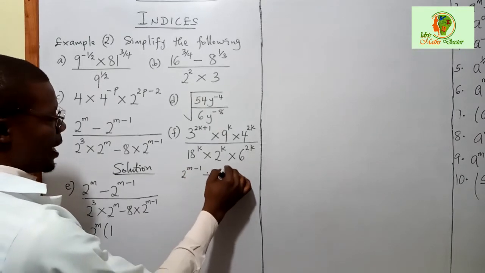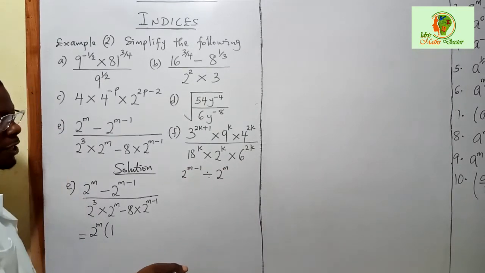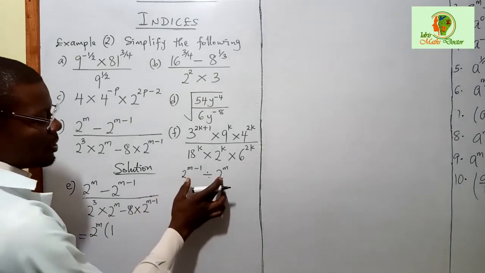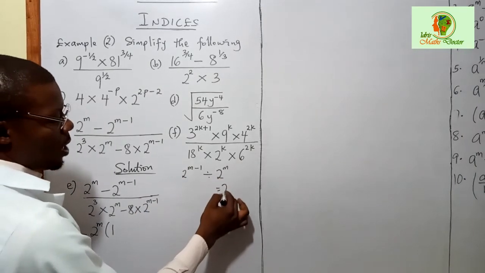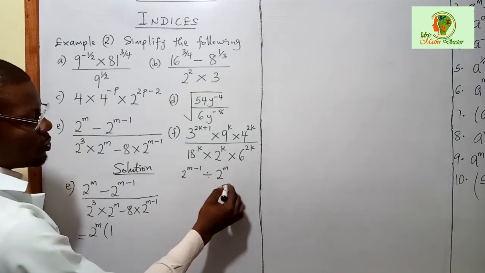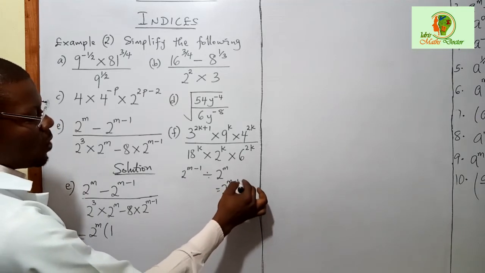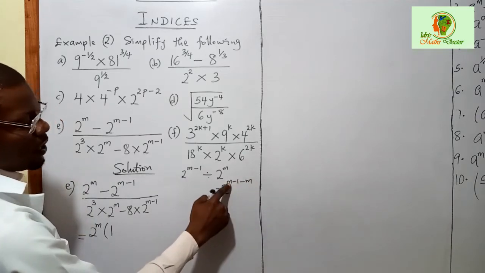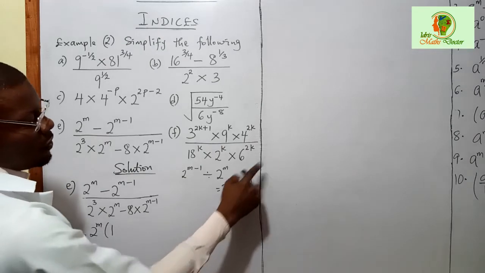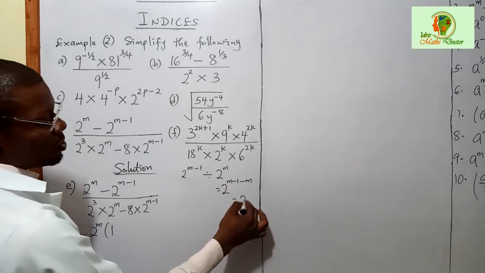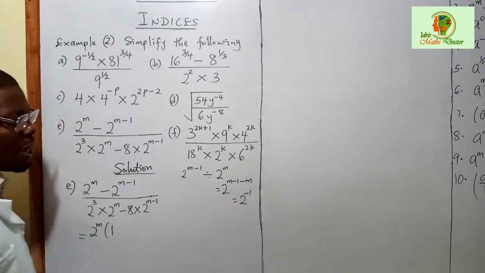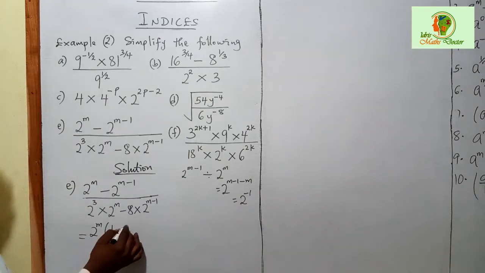If you apply law number 2 of indices, the base are the same, you will pick 1. And what do you do to the powers? You minus, that is m minus 1 minus m. You discover that the m minus m will give us 0. And we are going to have 2 raised to power minus 1. So, minus 2 raised to power minus 1. That is for the numerator.